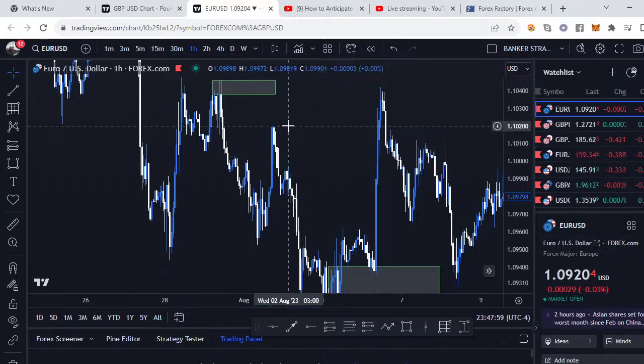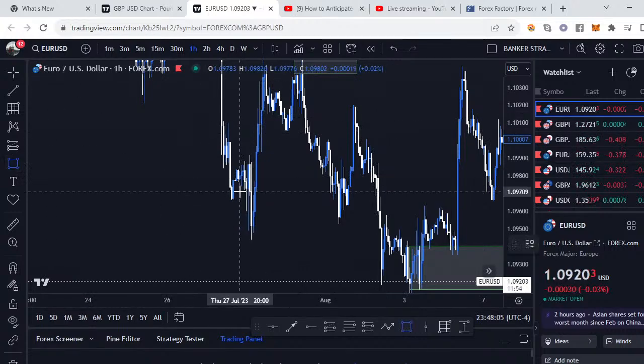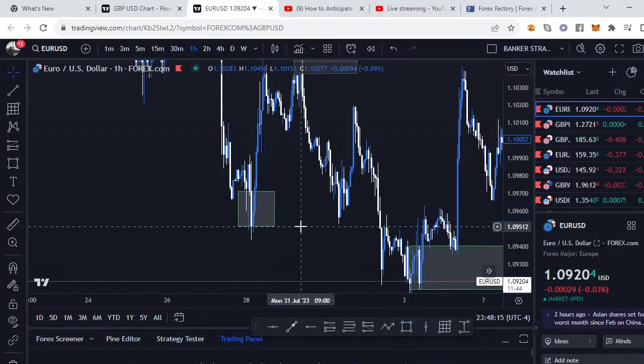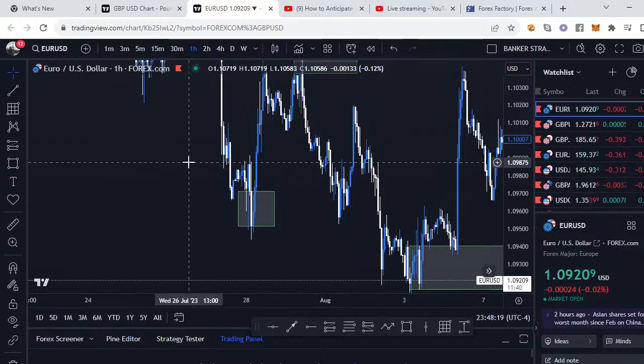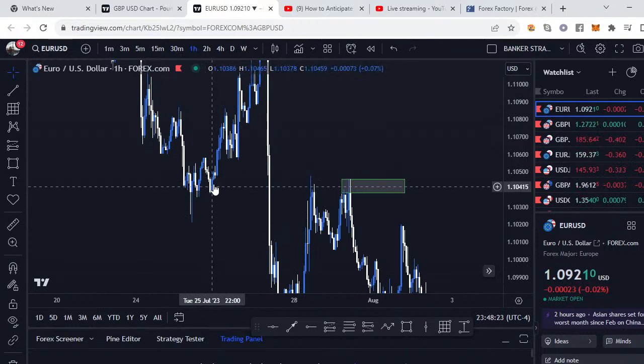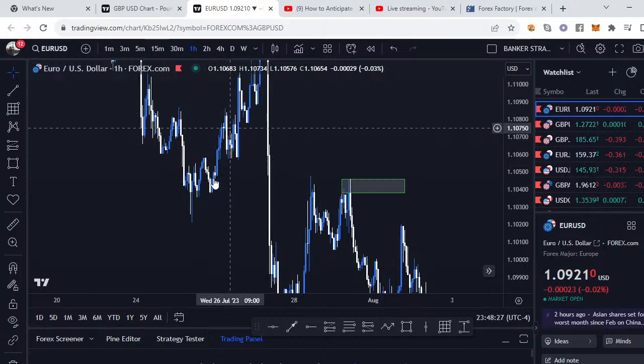Let me find another order block. Another order block would be this here, last down candle before the up move. You know what I'm saying? Last down candle before the up move.